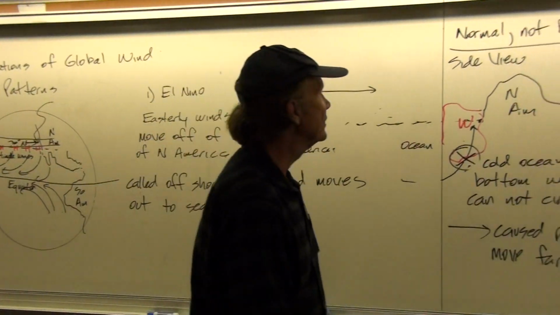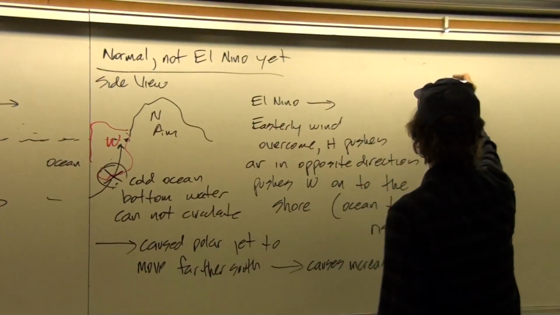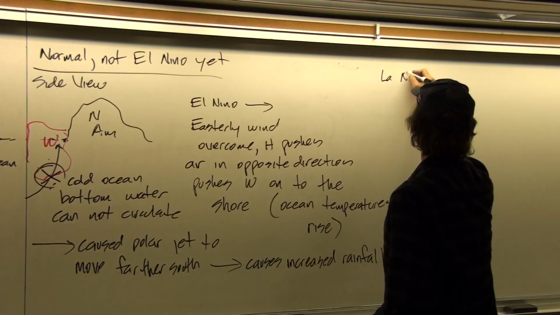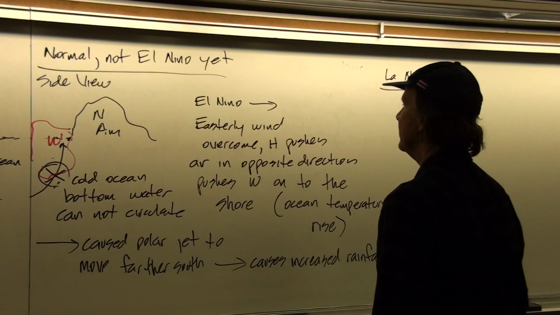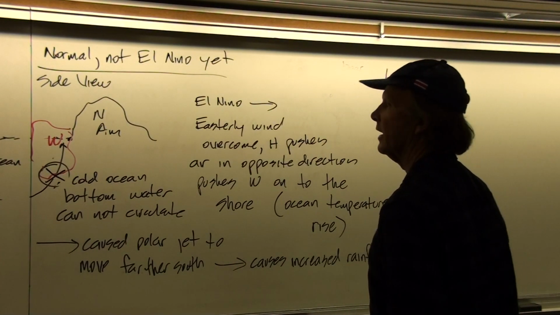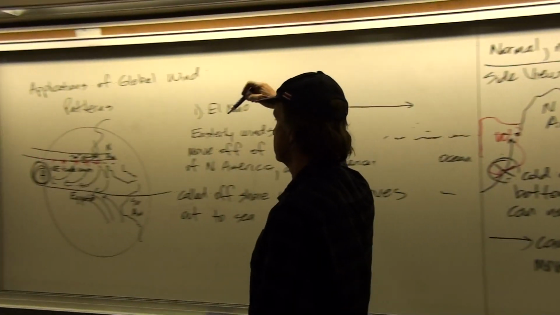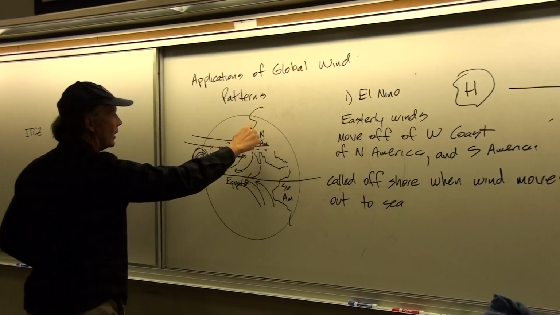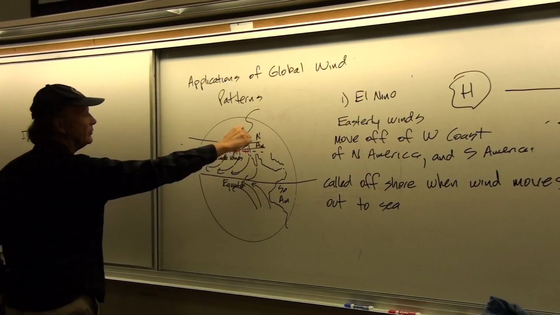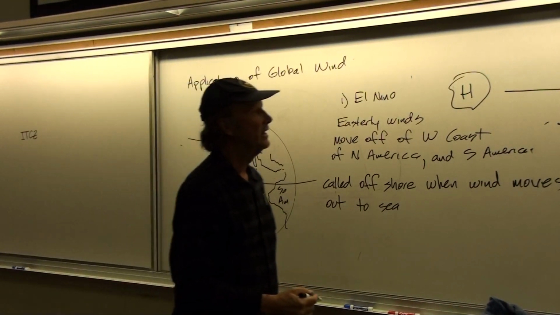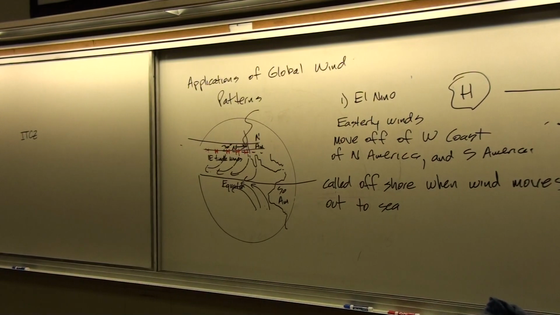Now, in contrast to that, we have La Niña. In La Niña, the westerly winds are gone. This high pressure is not there, but the easterly winds are given an extra boost.